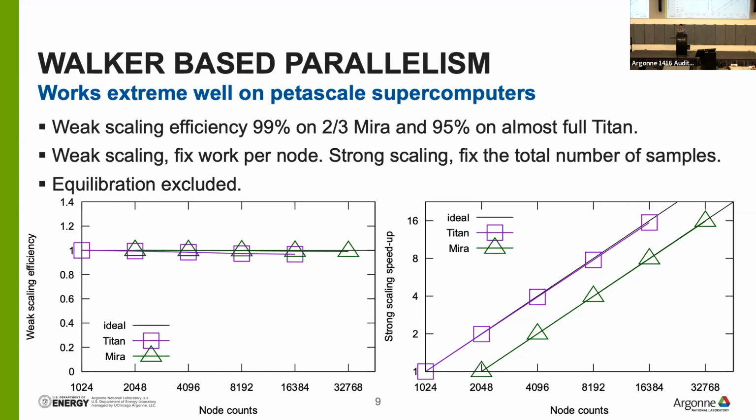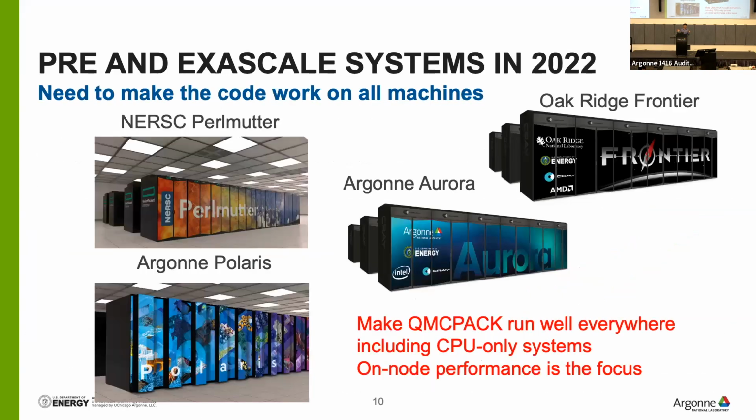The node count has dropped, but we would have no trouble scaling to this high number of nodes. Then Titan is roughly 4,000 to 5,000 nodes, similar to machines nowadays. So the code, just by parallelizing over walkers, has very good scaling, both weak scaling and strong scaling. So that's not very interesting, I would say.